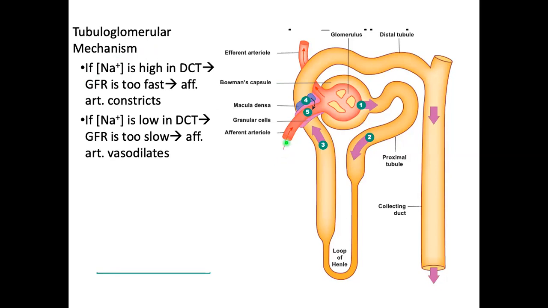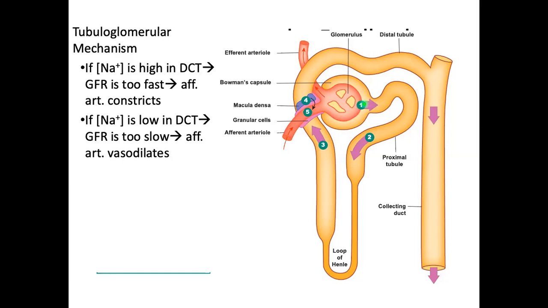Okay, so orientate yourself. Here's your afferent arteriole, glomerulus, efferent arteriole, right? The afferent arteriole is forcing blood through the glomerulus, and then you get a filtrate occurring, or filtration occurring.